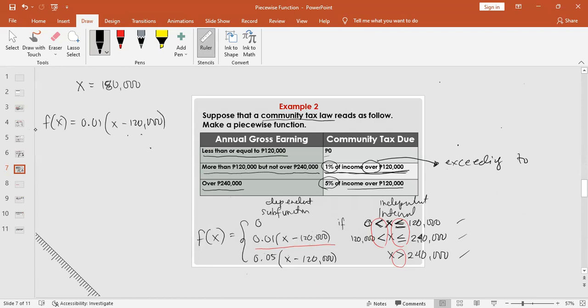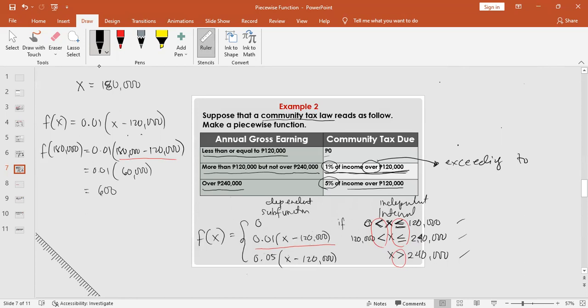Okay, then replace the variable x by 180,000 equals 0.01 times 180,000 minus 120,000. Okay, so first thing to do is to subtract these two values. 0.01, 180 minus 120 is 60,000. And multiply it by 0.01. It's 600.